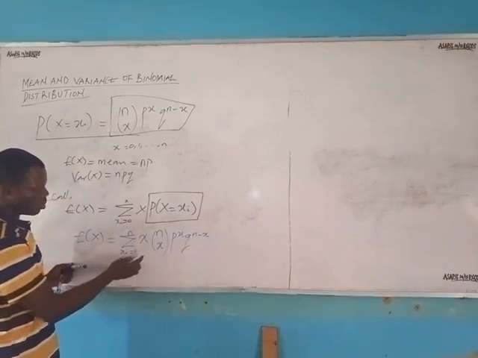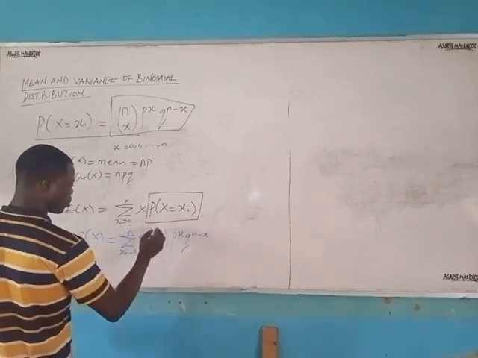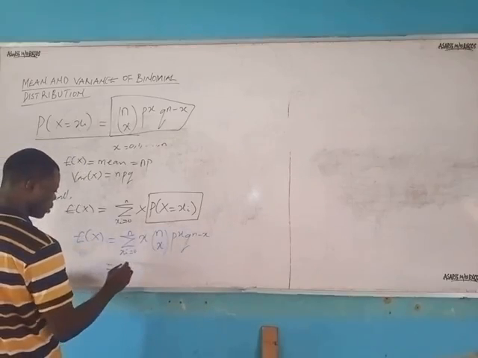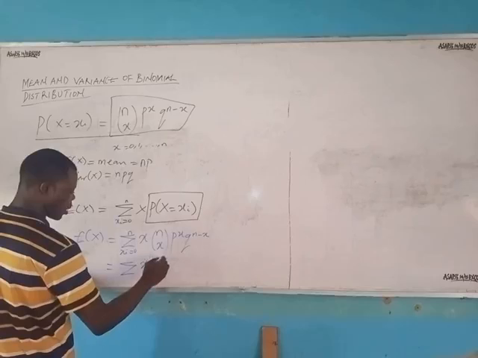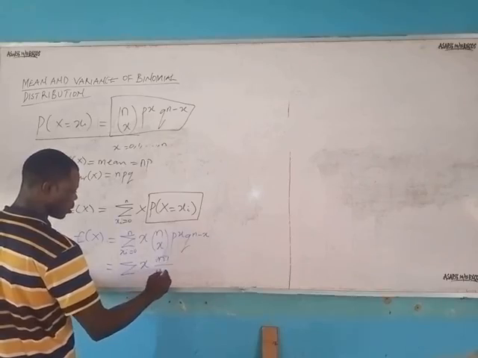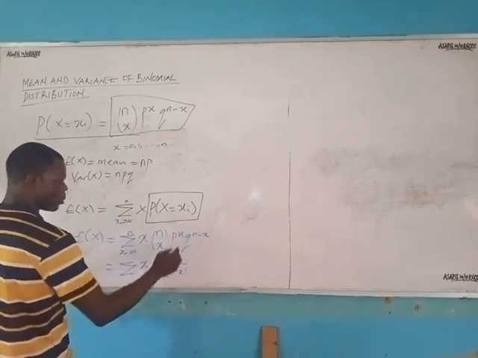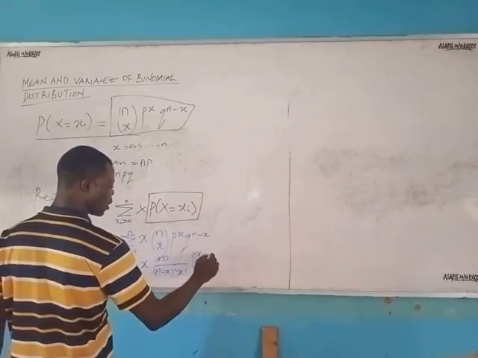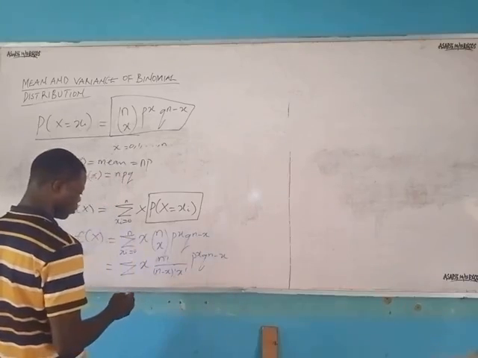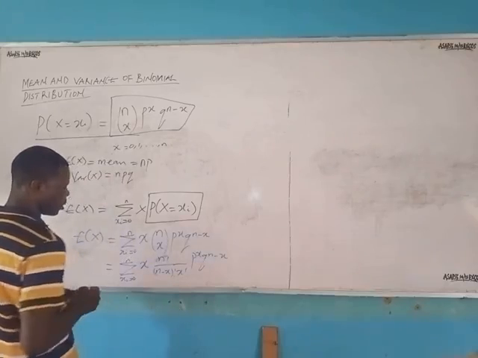To move further, this is a combination, and we need to express this. This is the same thing as summation x times n factorial all over n minus x factorial x factorial, times p raised to the power of x, q raised to the power of n minus x, where xi is from 0 to n.